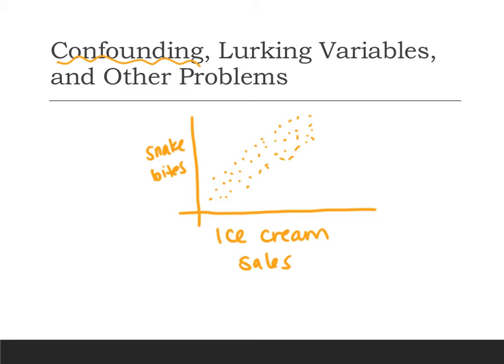In this case, I think we can say that the sun, the weather, affects both of these. You buy more ice cream in the summer, and snakes are out in the summer. So both of them are being affected by the lurking variable of weather.